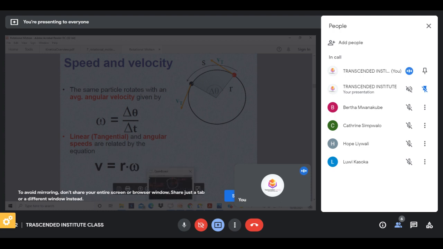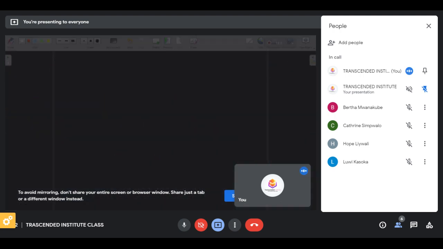Okay. So what are we trying to say? So we are trying to say, given a circle, then given that this ball moved from this point to this point, and it covered, for instance, maybe pi over 3 radians, remember we're using radians here.